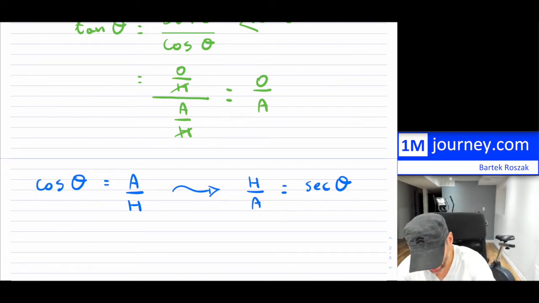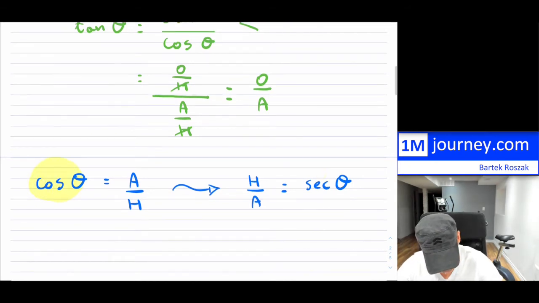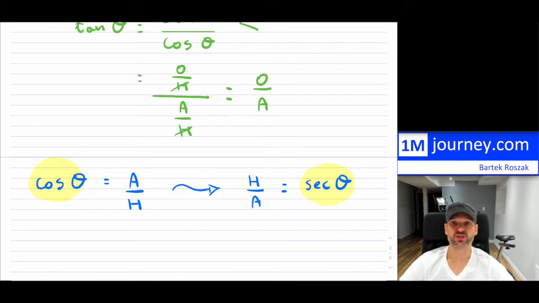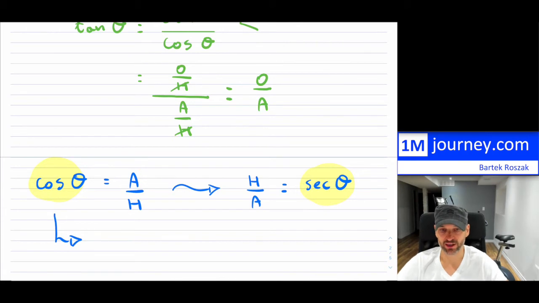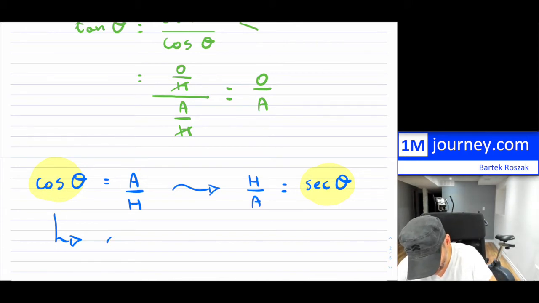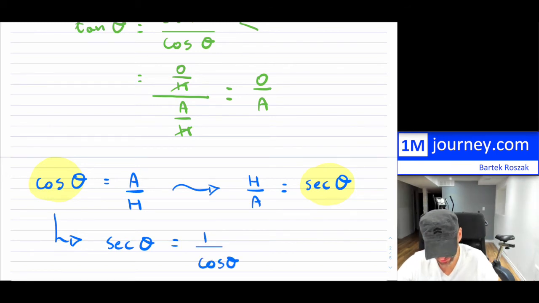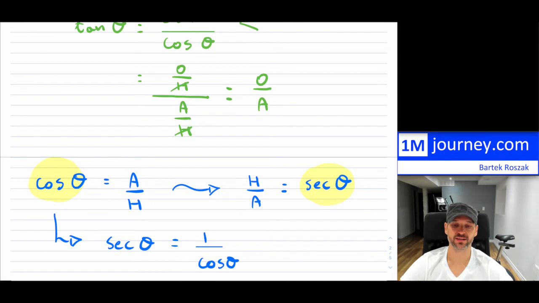So it's just simply the reciprocal. If you notice right here, this is cos of the angle, and this is the secant of the angle, and they're just simply swapped. So all you do is take the reciprocal. If I know the cosine of an angle, then the secant of that angle is just simply 1 over the cosine of the angle, because that's what the reciprocal is, right?